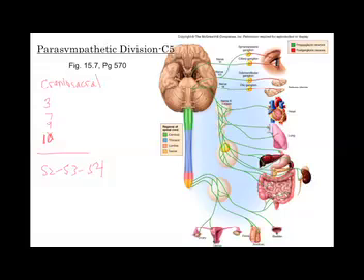The small intestine and the large intestine, and the vagus nerve, the farthest it goes, is right up here to what we call the left colic flexure, which is where the transverse colon bends down and becomes a descending colon. That's as far as the vagus nerve goes.